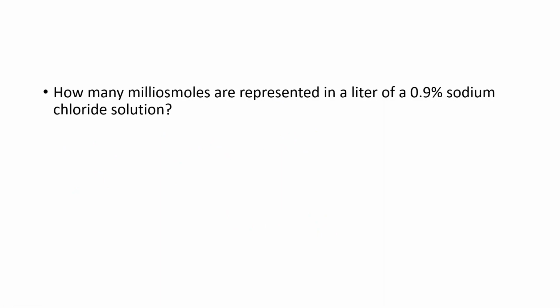Next, how many milliosmoles are represented in a liter of sodium chloride solution? 0.9% sodium chloride solution is 0.9 gram per 100 ml. If we want to convert it into milligrams, 0.9 times 1000, that's 900 milligrams per 100 ml.